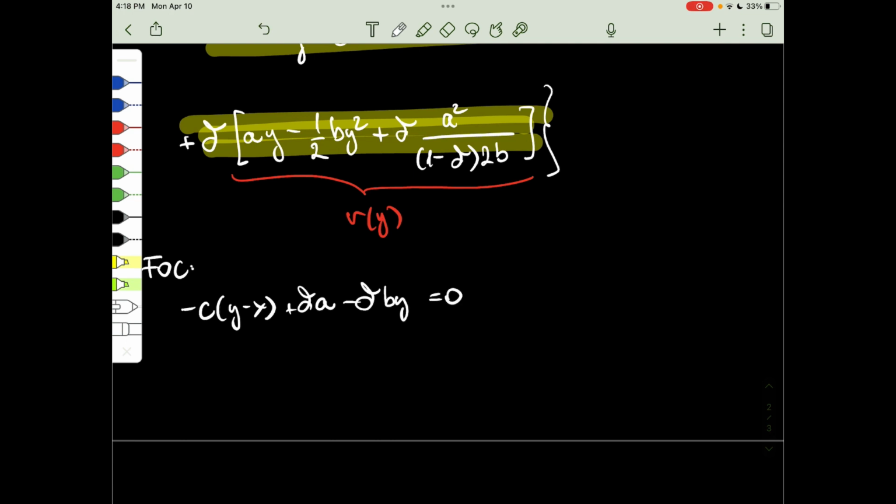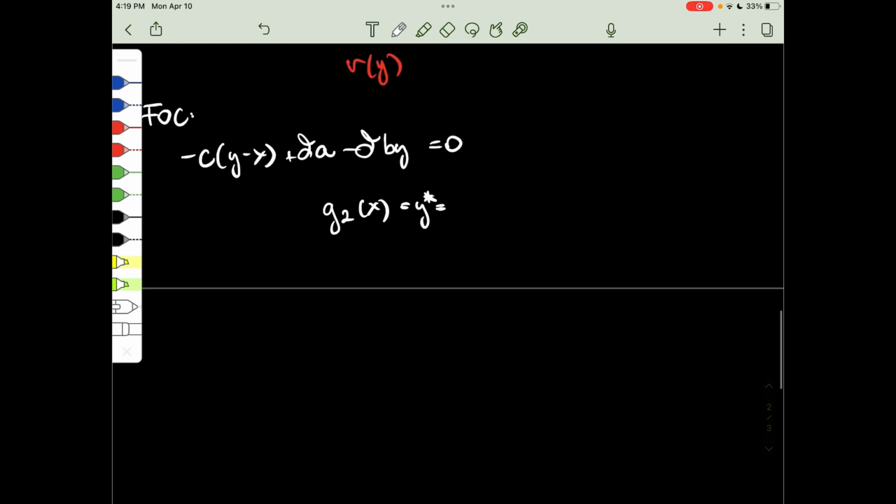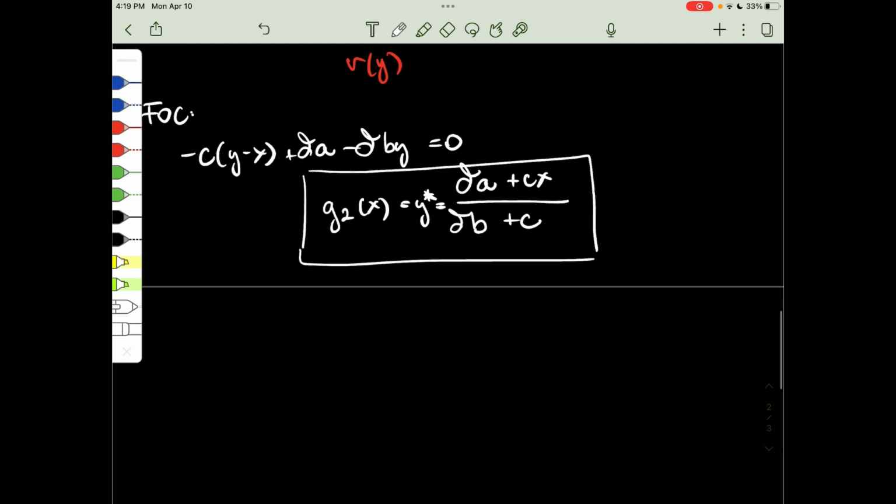And we can solve it. We can solve it for y. So after the second round, this is the optimal policy function. Okay, and we can see that it has changed.